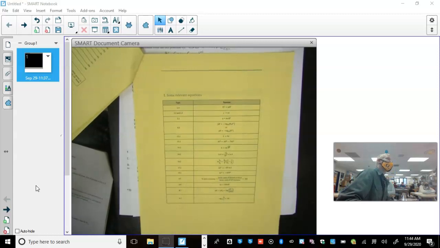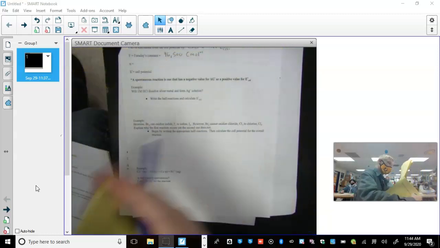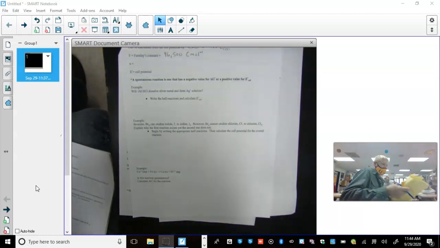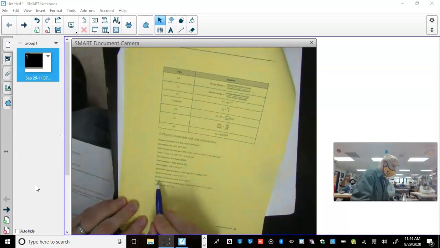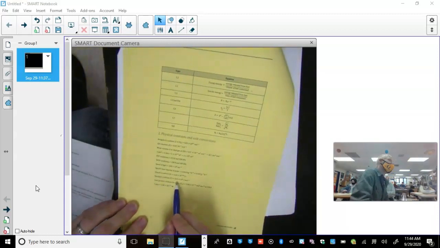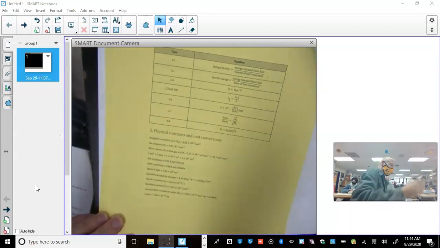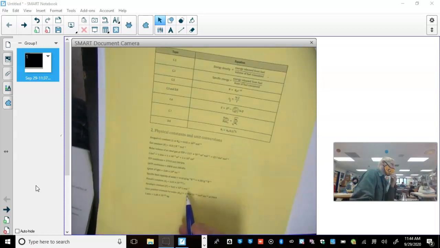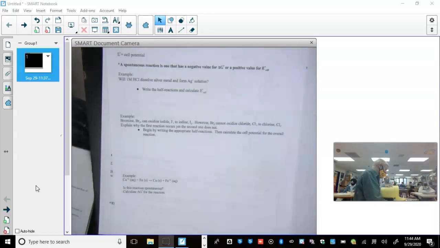This is on page 1 of your data booklet. And then Faraday's constant, I believe, is on the next page. Faraday's constant, there it is. Oh, you can't really see that. It's tiny. Sorry about that. 9.65 times 10 to the 4 C mol to the negative 1. That's on page 2 of the data booklet.